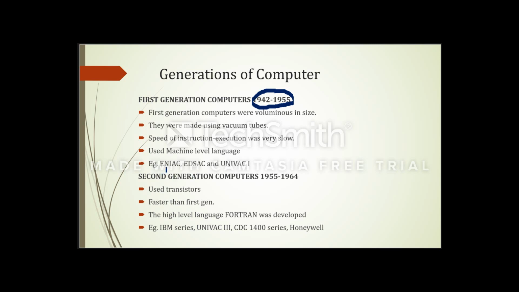Examples include UNIVAC, EDSAC, and UNIVAC 1. The second generation computers, from 1955 to 1964, used transistors, they were faster and had high level languages like Fortran. Examples include the IBM series, UNIVAC 3.